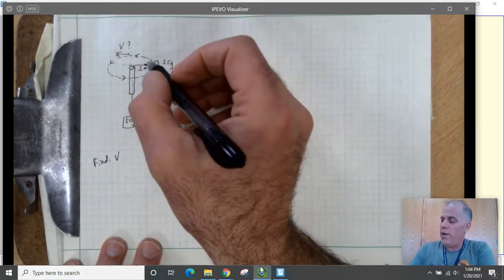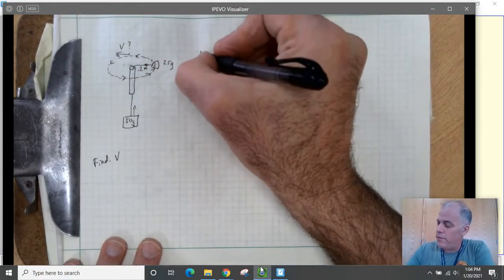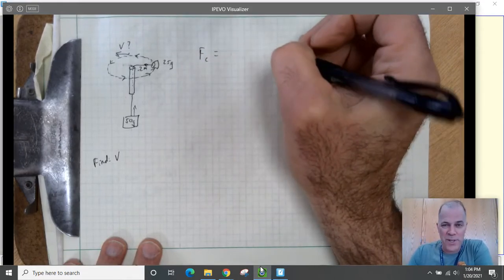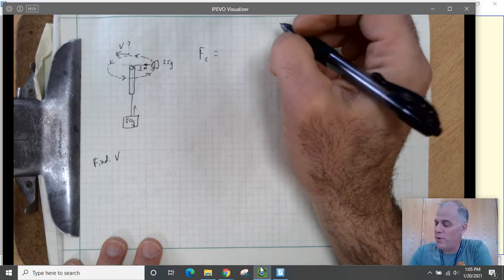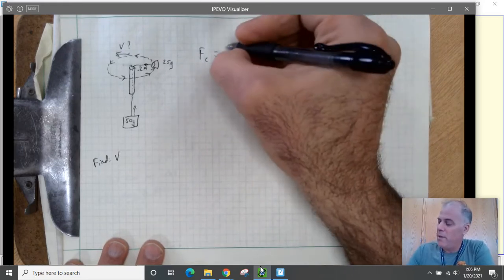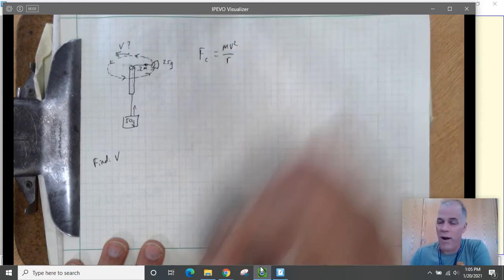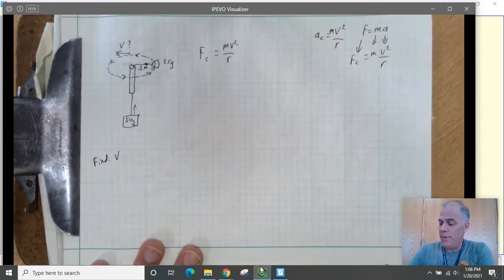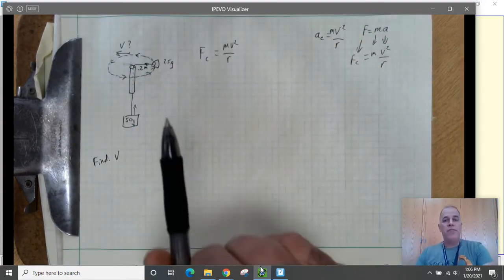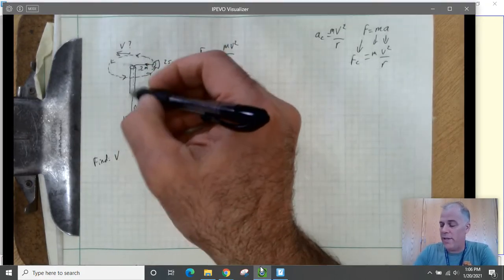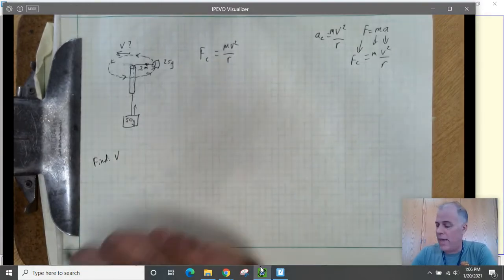So we already know that there's centripetal force here, and the centripetal force, try to remember what that equation is. What is the equation for centripetal force? Pause it if you need a minute to think about it. But the centripetal force is mv squared over r. So that's one expression that helps us describe this. Now, the thing that is providing the centripetal force in this case is the weight of this mass down here on the end.